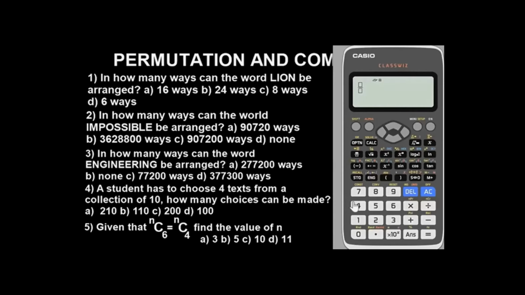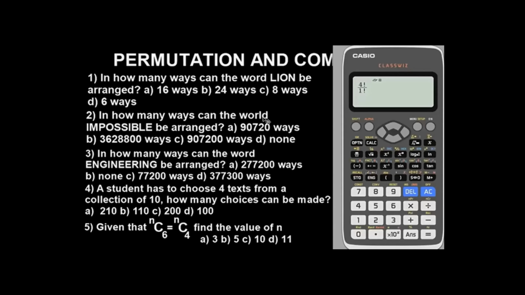So that means it will be 4 factorial. To bring up factorial, press shift and this button, and it comes out over 1 factorial. The reason we use 1 factorial is that the word lion does not have any duplication of any letter. Each of the letters that make up the word lion is distinct.